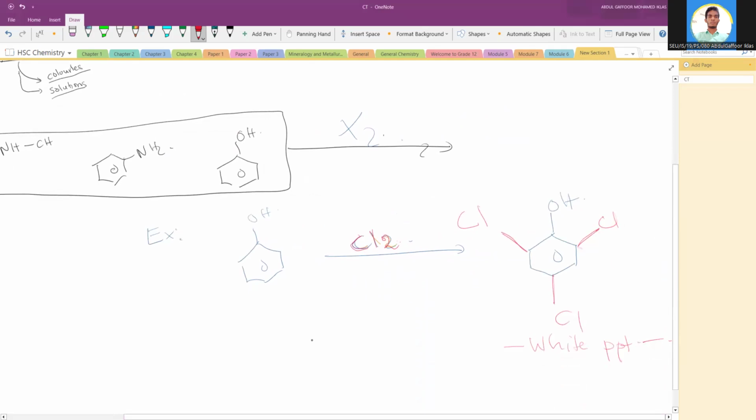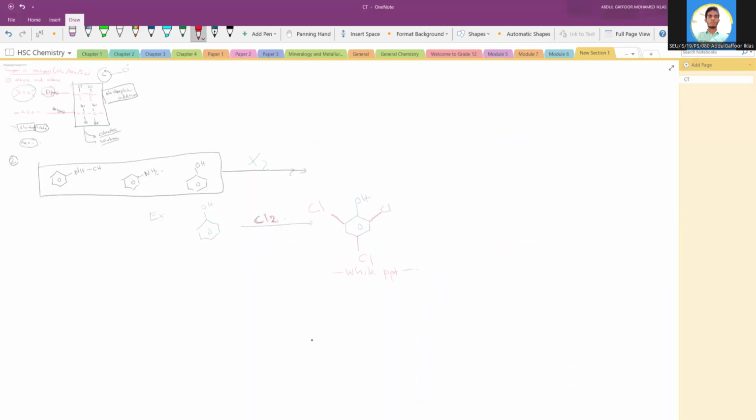So can you just try to draw the structures for these things? You put NHCH3 and we put Br2, and here NH2 and we put Cl2.